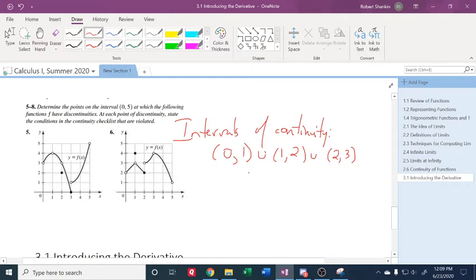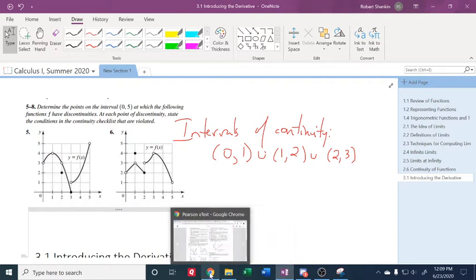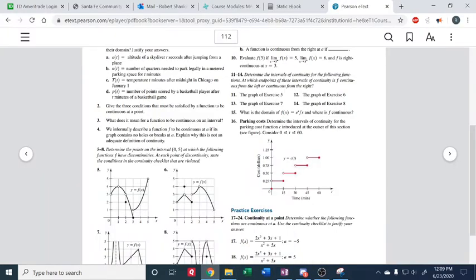Intervals of continuity. Now let's go back to the question. At which endpoint is f continuous from the left or continuous from the right? All right, so the textbook talks a little bit about that, continuous from the left and from the right.